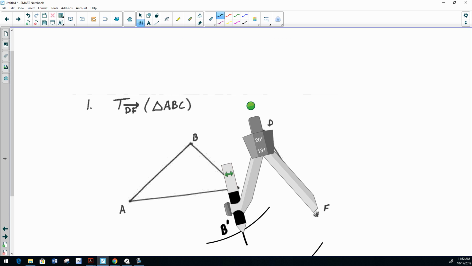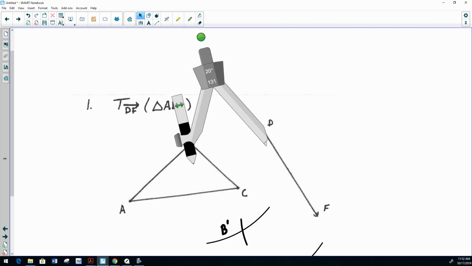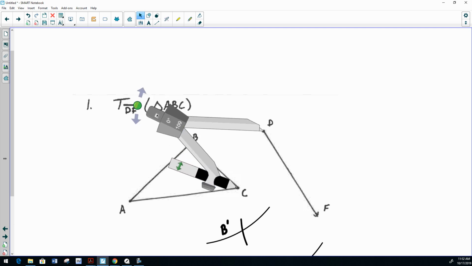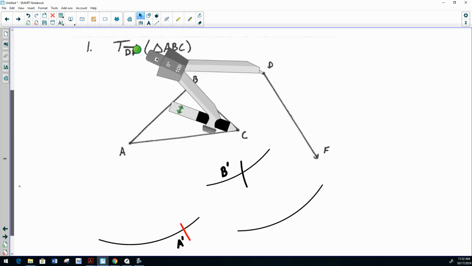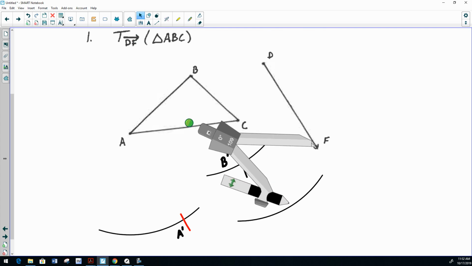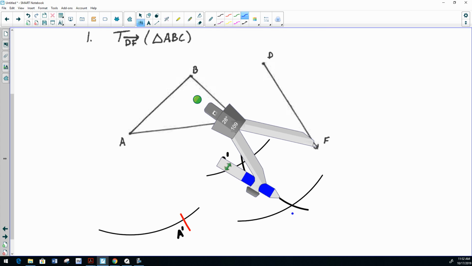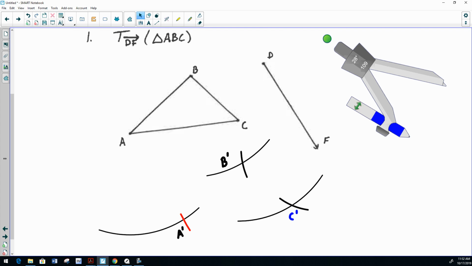I'm going to measure from D to C, and then slide it down. C prime. Now that I have the location of all of these, I'm going to connect my vertices. And you don't have to do this, but if I were to get rid of all my clutter, I think you would see that this triangle perfectly got moved down that distance in that direction.